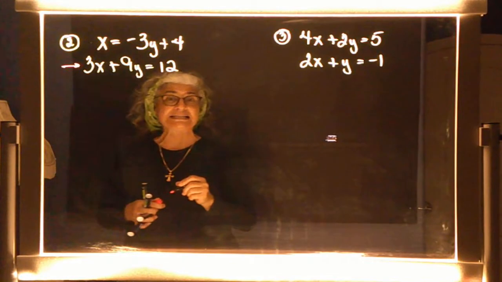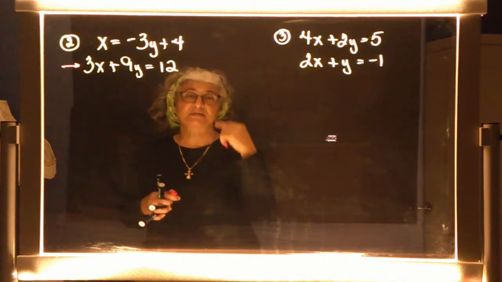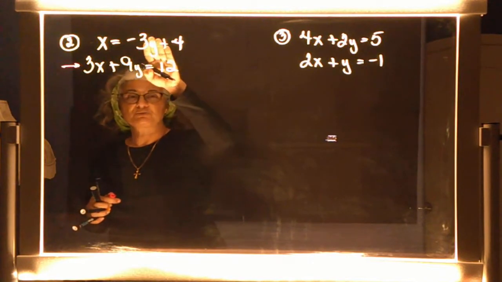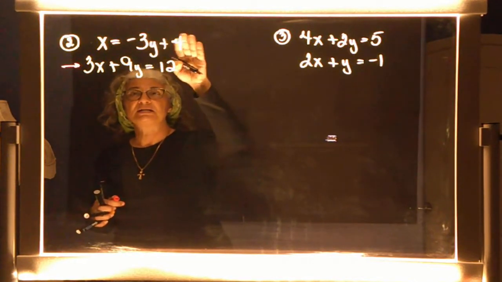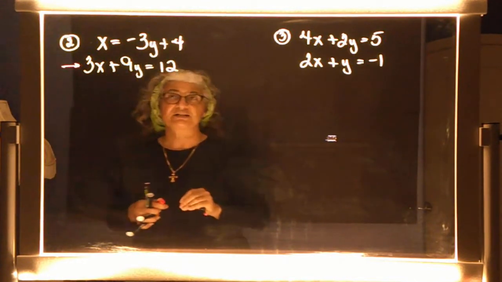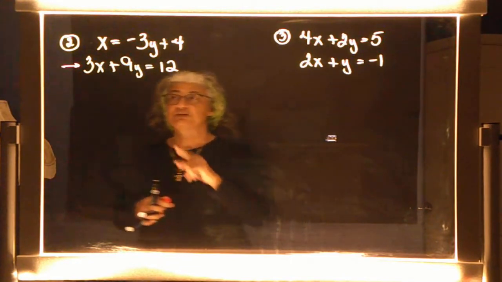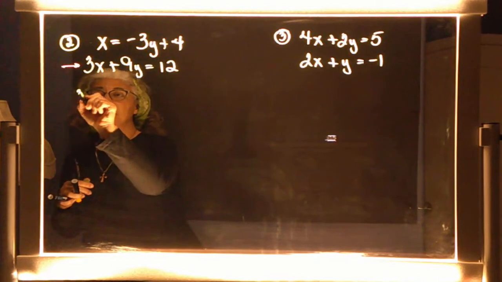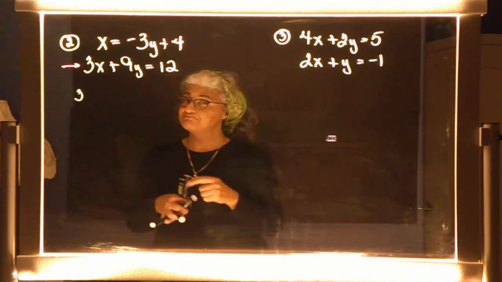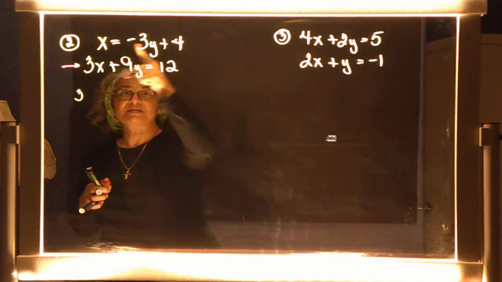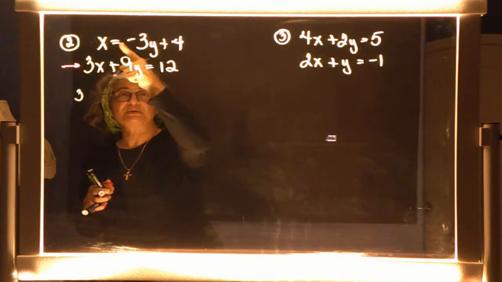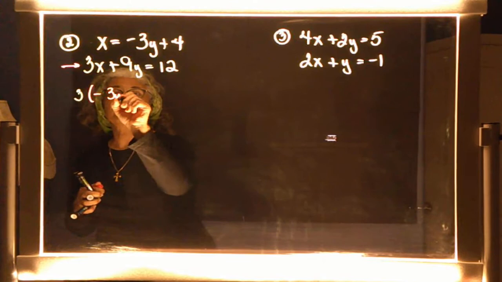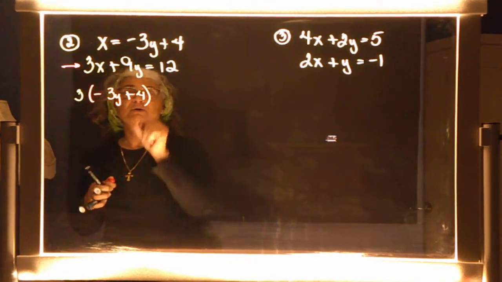And so we need to substitute, replace the expression we just got, which is this one, into this equation we did not use yet. So the equation we did not use yet reads 3 times x. Well, from the first step, this is the x I'm using, isn't it? x is equivalent to negative 3y plus 4.